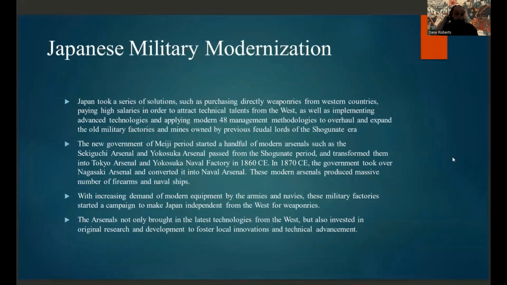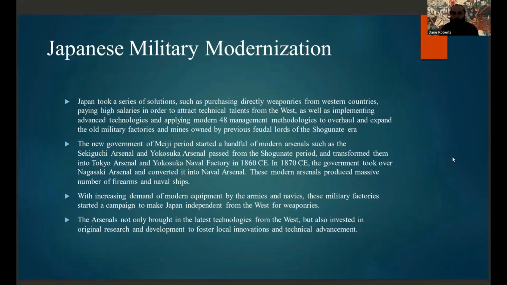Of course, the most well-known product of the Meiji Restoration was the Japanese military modernization, because Japan took a series of solutions, such as purchasing weapons and weaponry directly from Western countries, paying high salaries in order to attract technical talent from the West, which we already talked about, as well as implementing advanced technologies and applying modern management methods to overhaul and expand the old military factories and mines owned previously by daimyo feudal lords of the shogunate era.